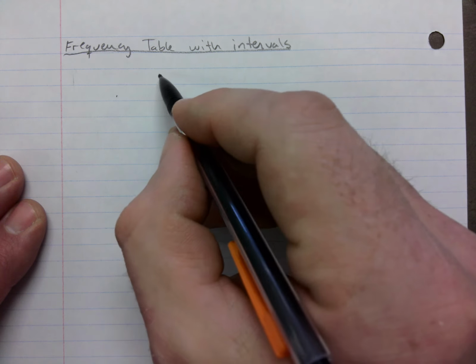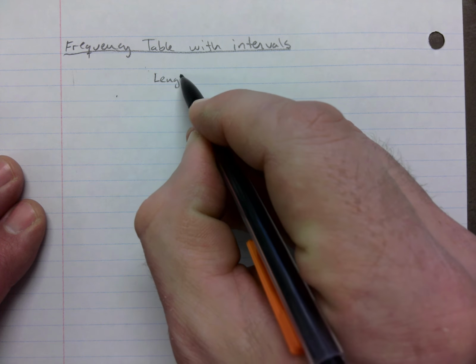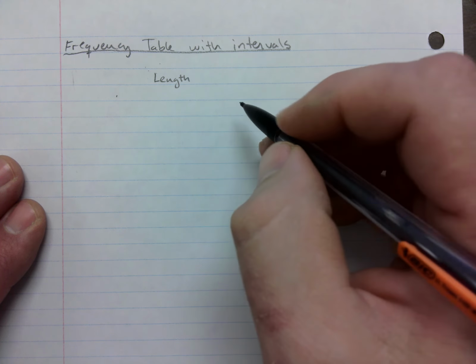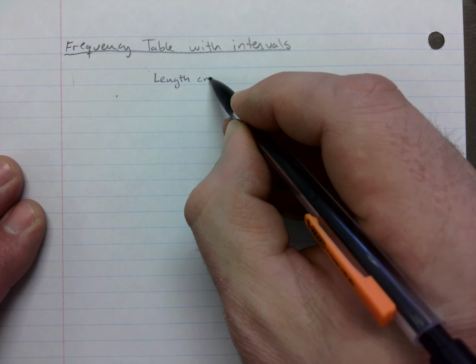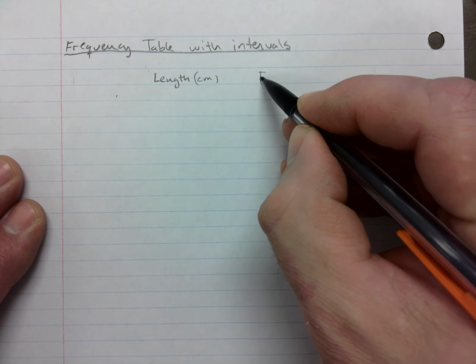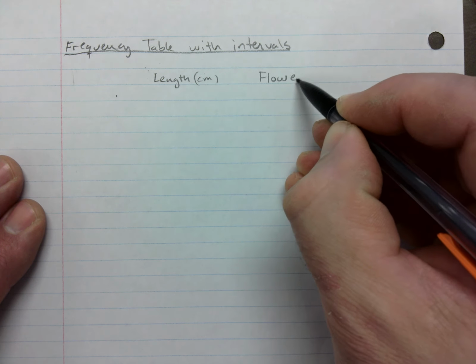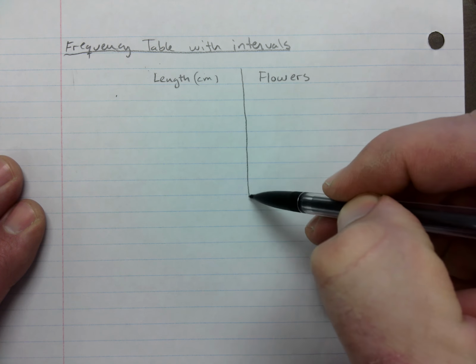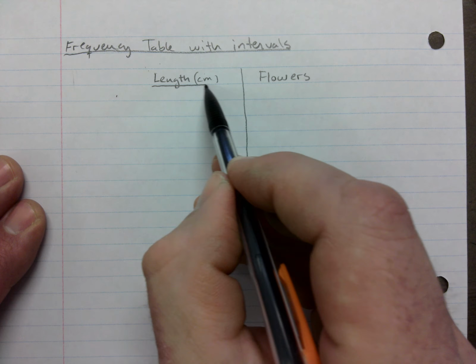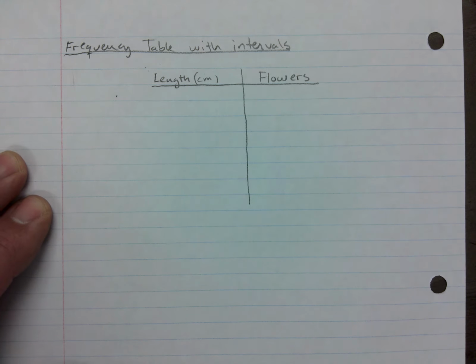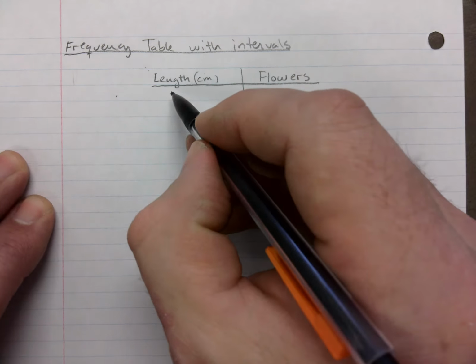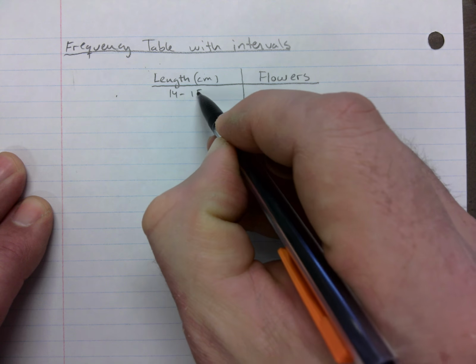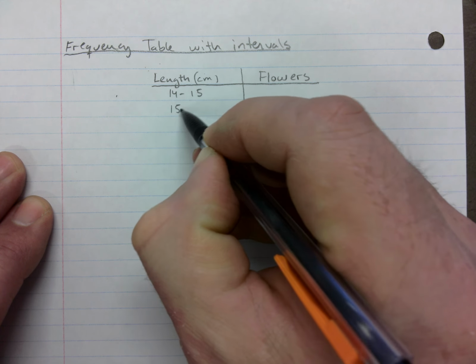So I'm going to go here, length in centimeters, of a flower. Okay, so we have 14 to 15, 15 to 16.